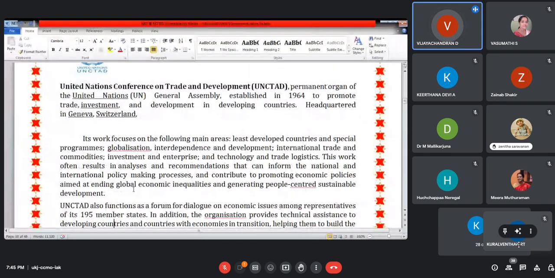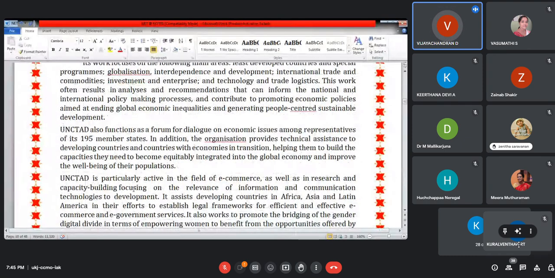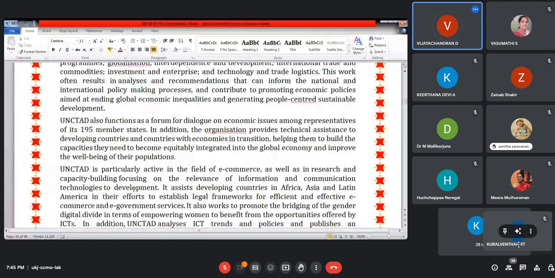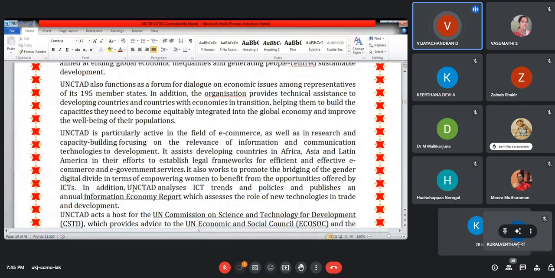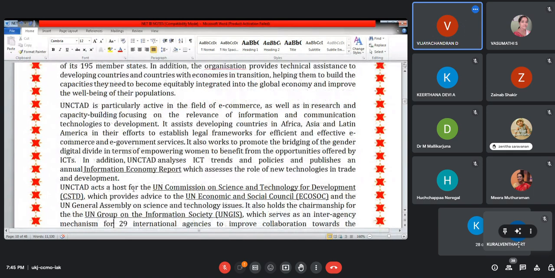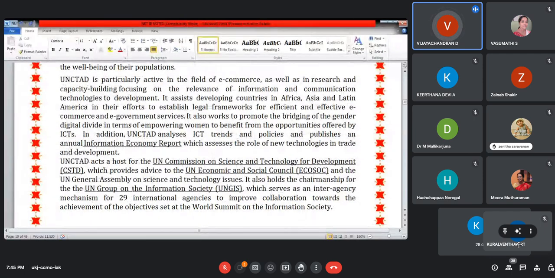So how many member countries are there? 195 in the UNCTAD. 195 member countries are there. They are focusing on e-commerce. The UNCTAD is particularly focusing on e-commerce. Even in your examination they will ask.